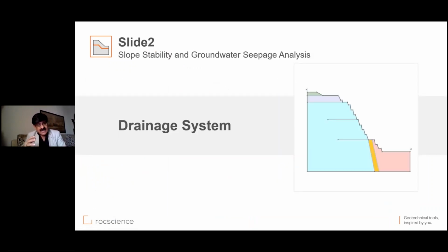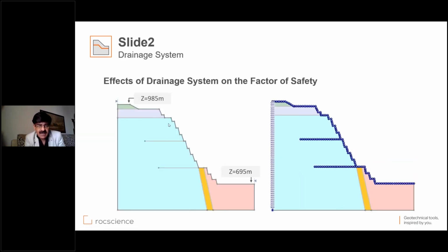Now let's look at the next example using the finite element analysis, which is the impact of the drainage system on the factor of safety. Okay, and for which we are going to take this example of an open pit.